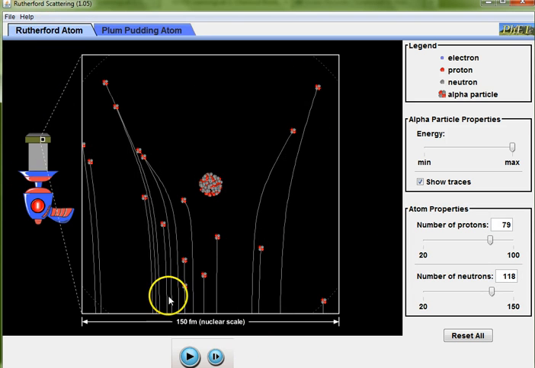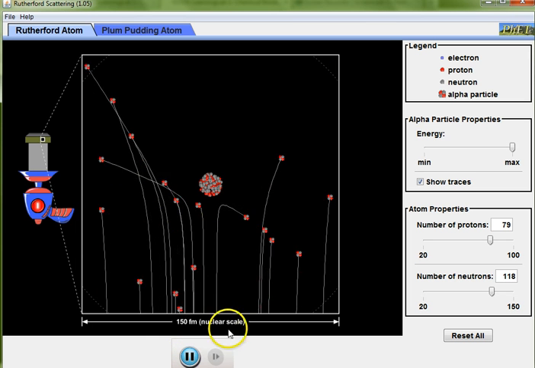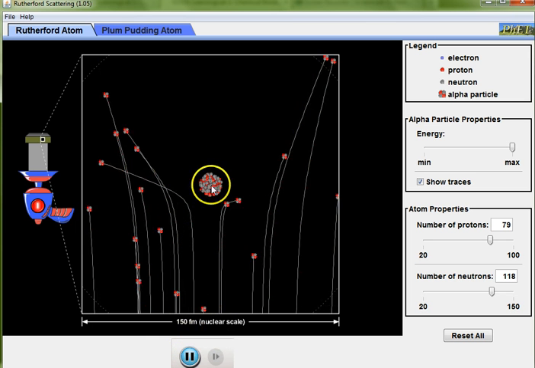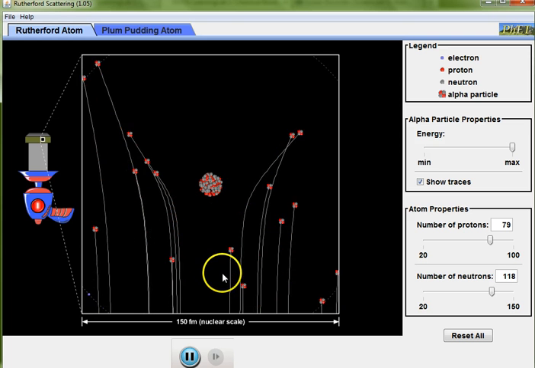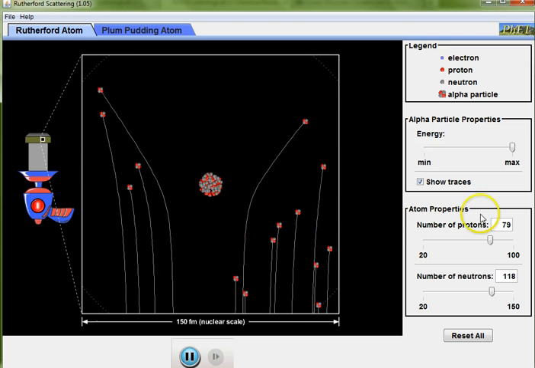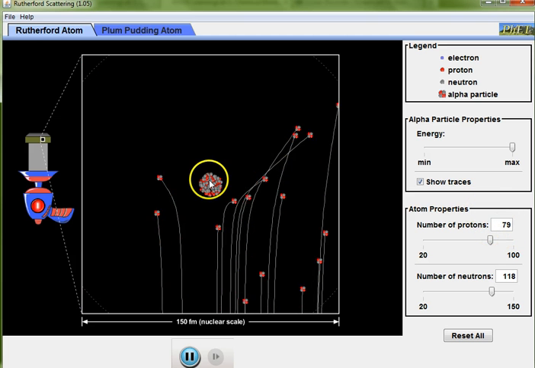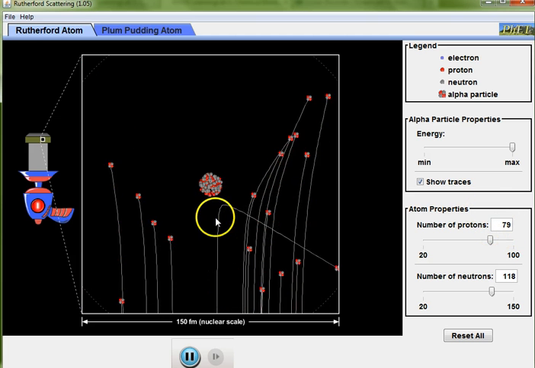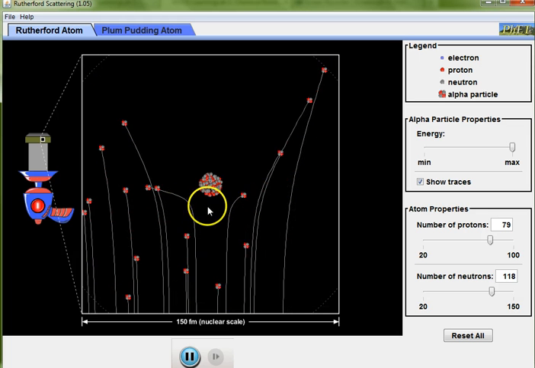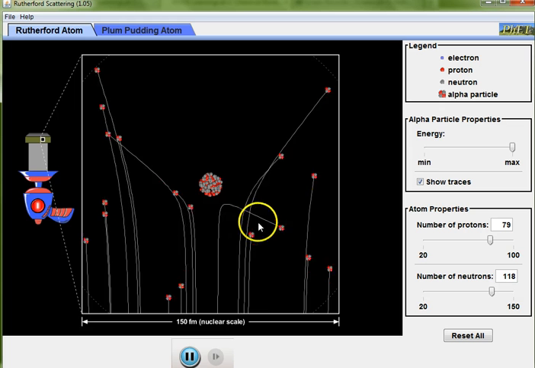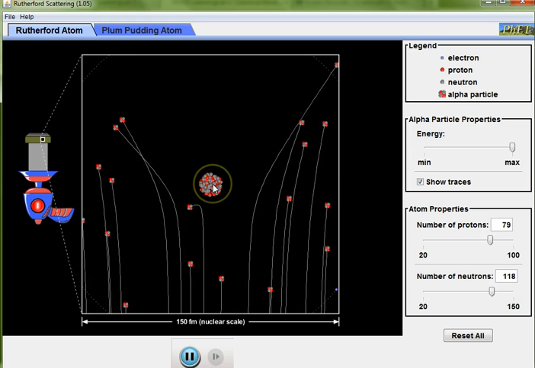Let's go to Rutherford's atom again. You can see that the positive charge is concentrated in the center, so it's a very small area over which this large number of protons are packed, and as a result these alpha particles are going to get repelled by this large positive center.